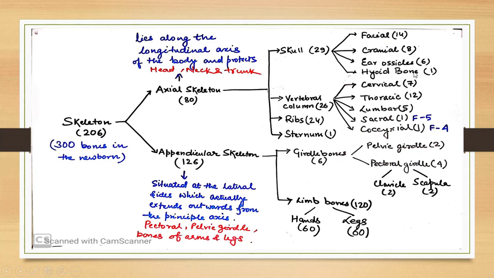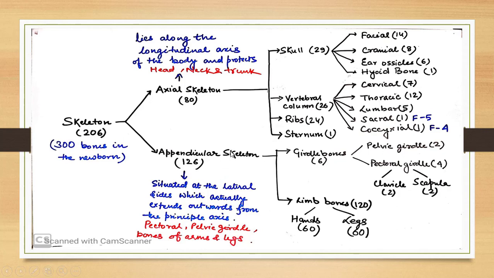Hyoid is a U-shaped bone, and vertebral column has 26 bones, out of which there are 7 cervical vertebrae, 12 thoracic, 5 lumbar vertebrae, 1 sacral and 1 coccygeal. In the fetus, there are 5 sacral vertebrae and 4 coccygeal vertebrae which get fused.